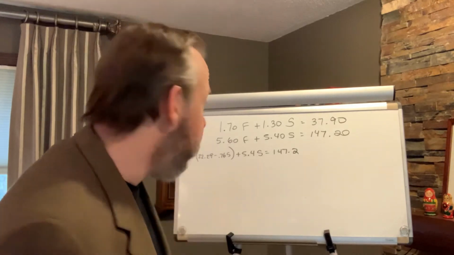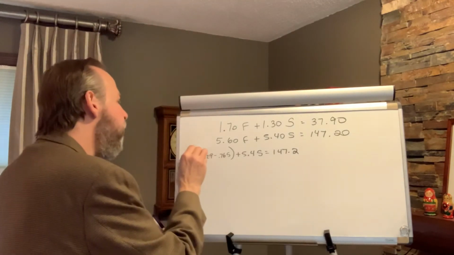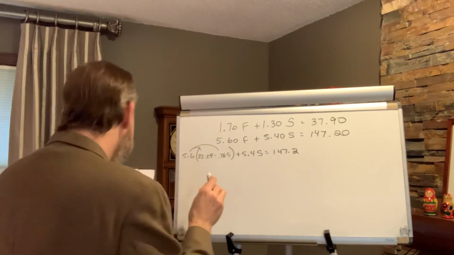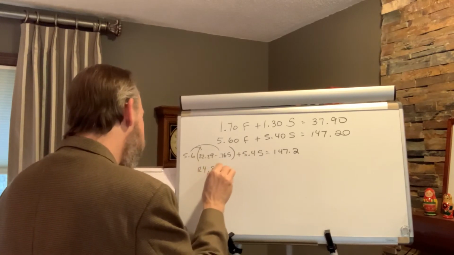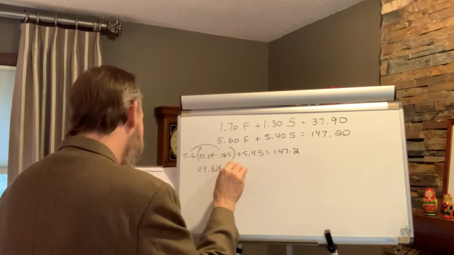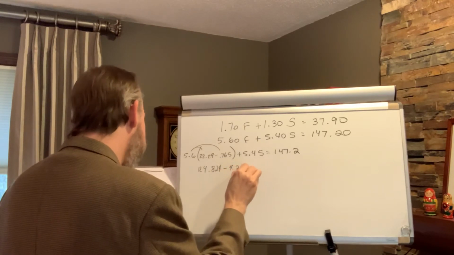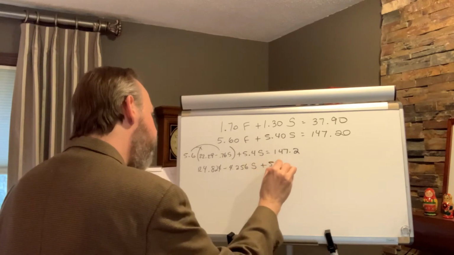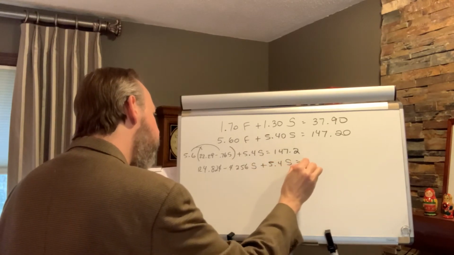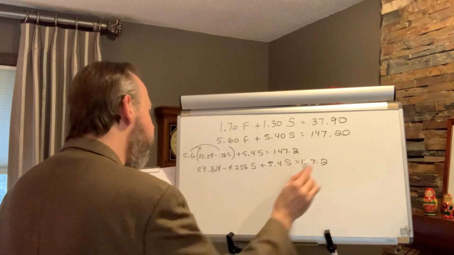Now we're going to distribute the 5.6. So I get 124.824 minus 4.256S plus 5.4S equals 147.2.